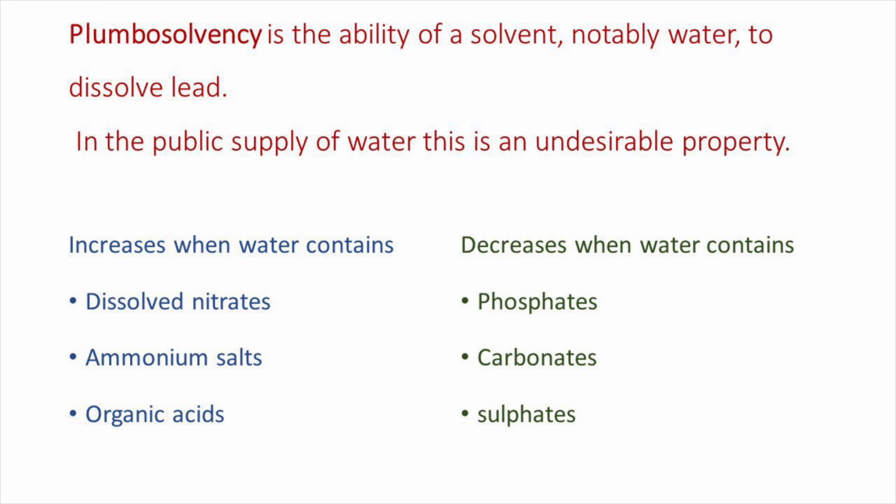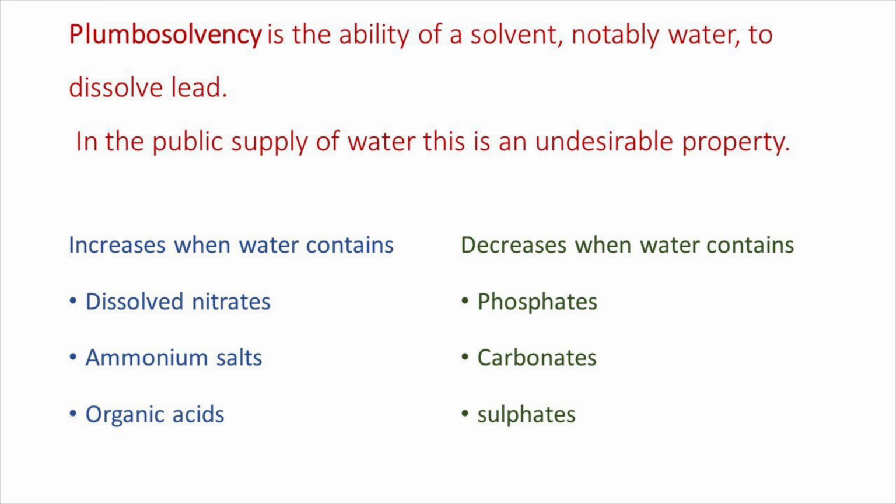The ability of a solvent, for example water, to dissolve lead is called plumbosolvency. It becomes a great health hazard when a public water supply system uses lead pipes for water transportation, because lead is a highly toxic metal.